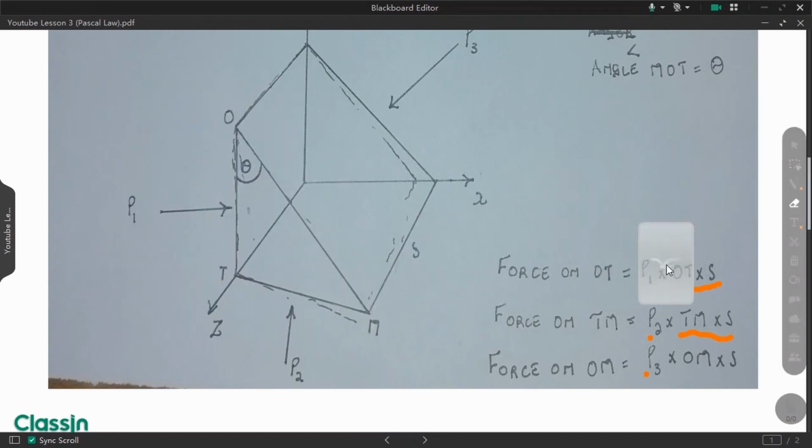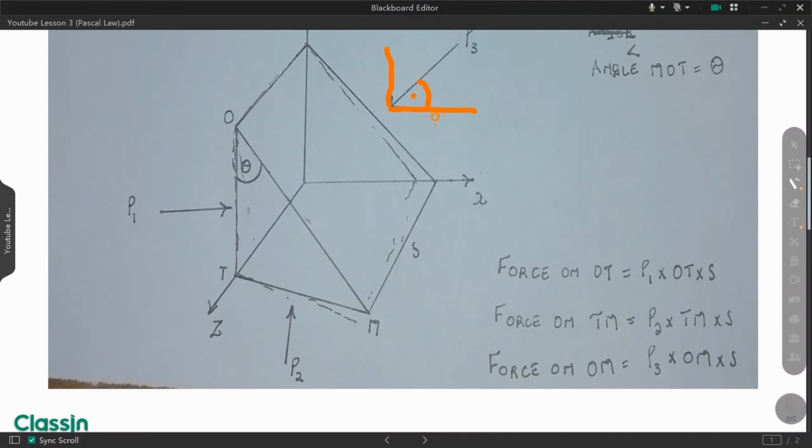What I'm going to do now is zoom in, because you can see here P3 is acting at an angle, but it's perpendicular to this face. But when you compute the vertical and horizontal forces, you need to consider the vertical component and the horizontal component of that force, meaning you'll have a triangle like this, and this angle here will be equal to theta.